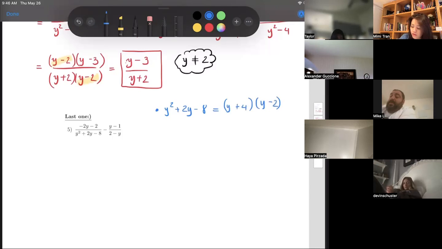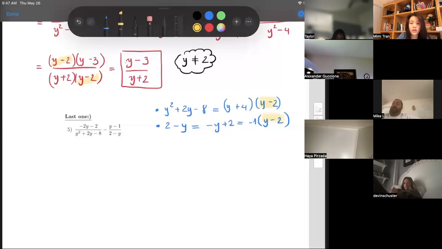Positive 4 and negative 2. Good. And then the second one, I have 2 minus y. When you have a number and then the letter next, and between them is a minus, you want to change it around. We don't want to leave it like that. So I'm going to change it to minus y plus 2, and then I'm going to factor out the negative 1, so it's y minus 2 in the parentheses. So that I have the same thing here, right?